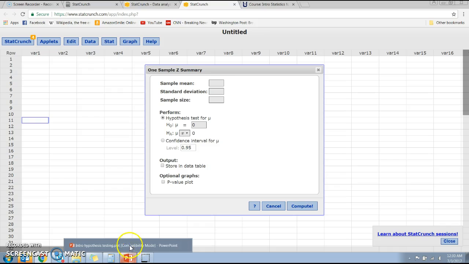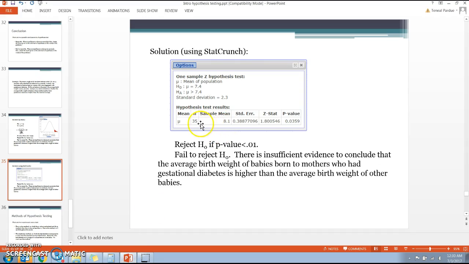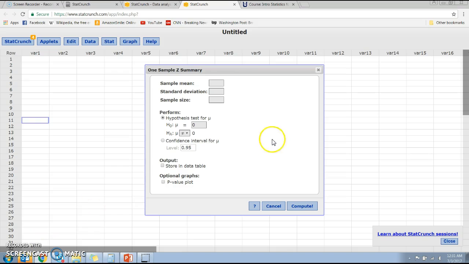And let's see what our data was. We had a sample mean of 8.1, a standard deviation of 2.3, based on a sample of size 35, and our hypothesized value here was 7.4, and we picked greater than for this one.